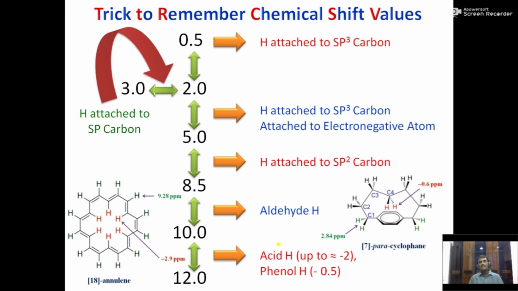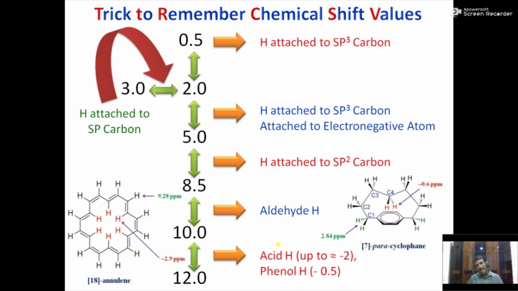If the hydrogen is attached to sp3 carbon, but the carbon is also attached to some electronegative atom such as oxygen, nitrogen, etc., then the chemical shift of that proton may be in the range 2 to 5. If your hydrogen is attached to sp2 carbon, then your chemical shift value may be in the range 5 to 8.5.